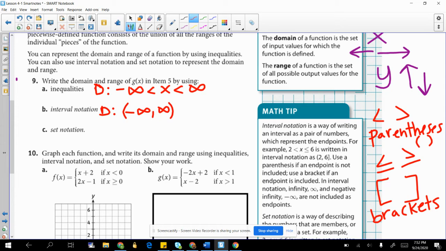So that's interval notation, and then the last one is set notation. And that one, this is everyone's least favorite, okay? But we would write that as x includes, okay, so x is an element of all real numbers.